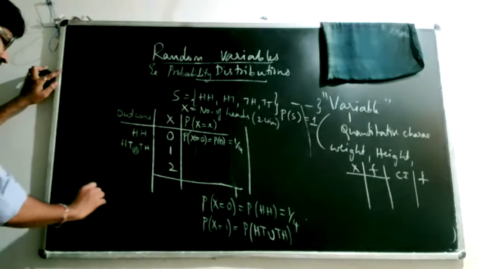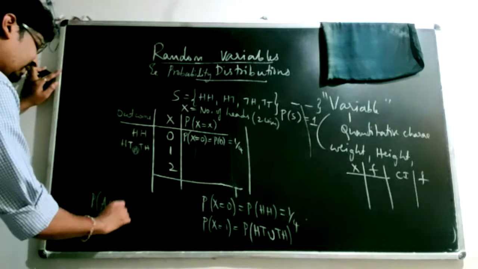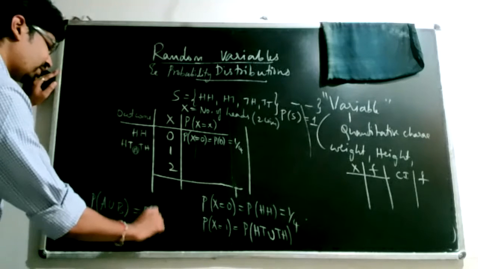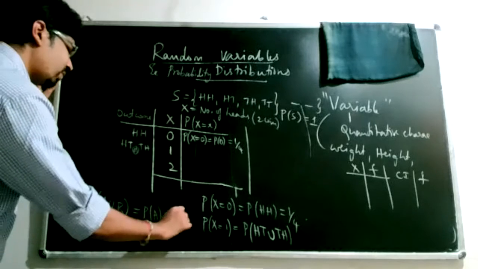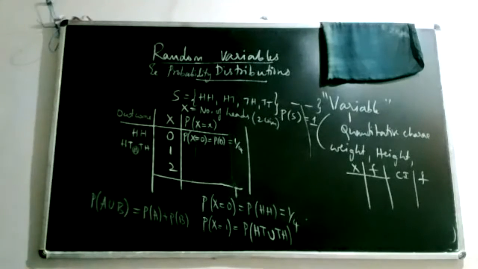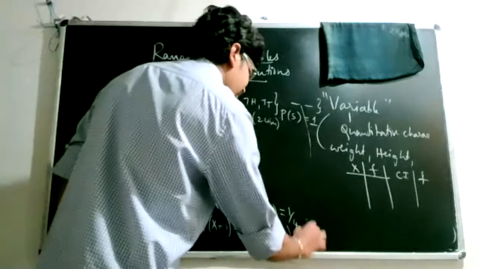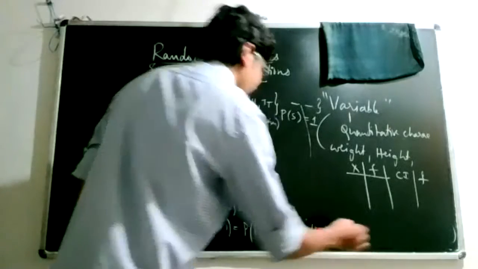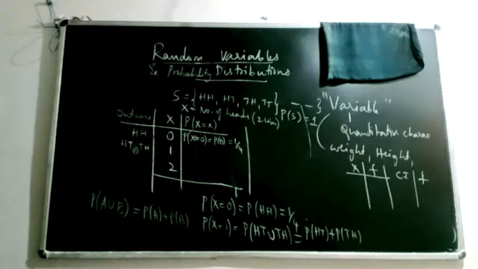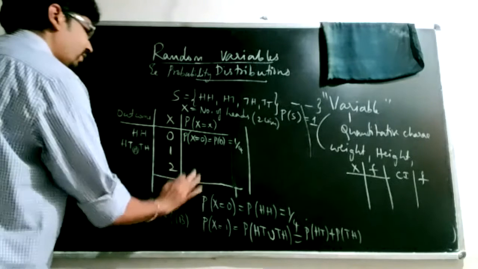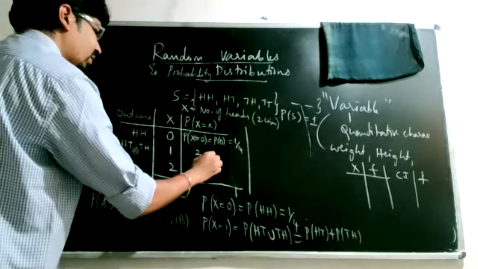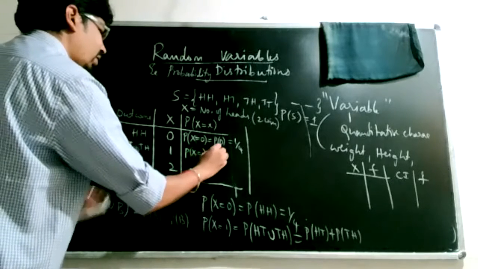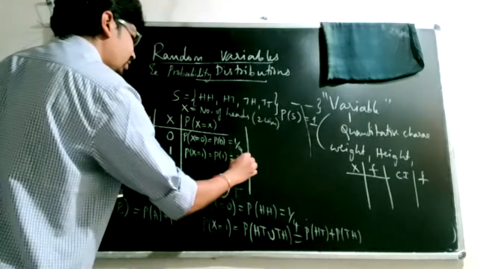And while defining the axiomatic probability, we said if A and B are two disjoint events, then the probability of their union will be the same as the sum of probabilities. So this is simply P of HT plus P of TH. P of HT is 1 by 4, P of TH is 1 by 4. Therefore, it is 2 by 4, which comes to half. So we write P of x is equal to 1, or P of 1 is equal to 2 by 4.